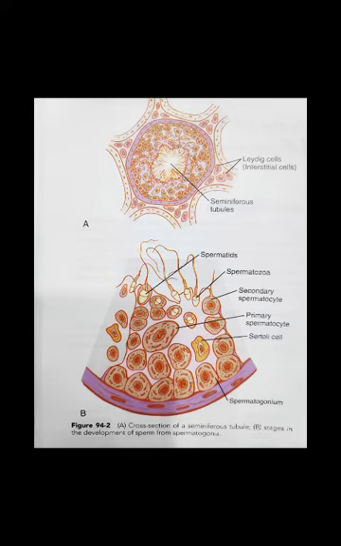How they are produced, we'll go into later. So these seminiferous tubules produce sperm, a process called spermatogenesis. That is one part. And another part is Leydig cells, interstitial cells of Leydig. They secrete a very important hormone called testosterone.